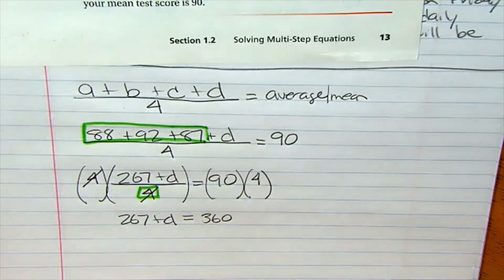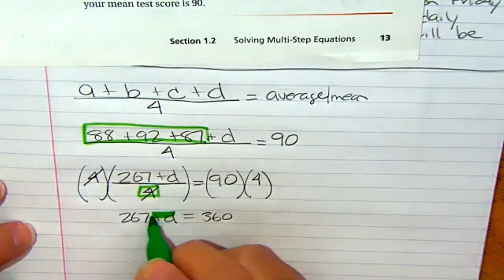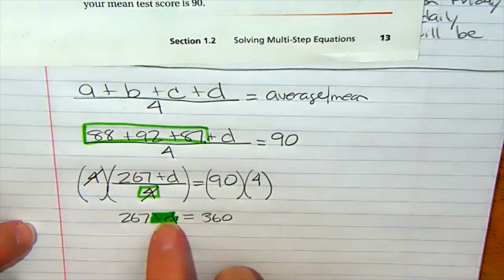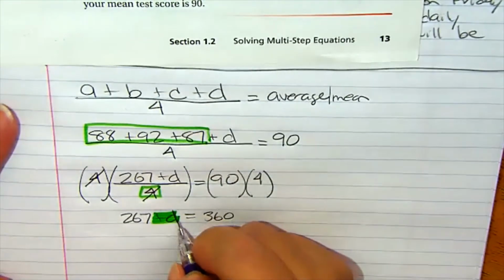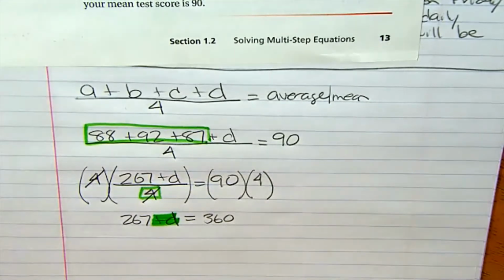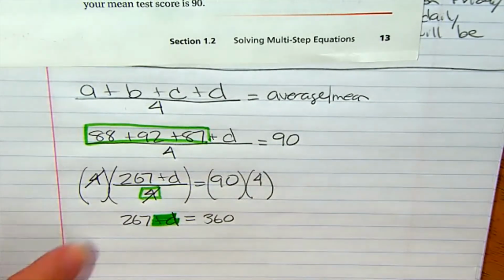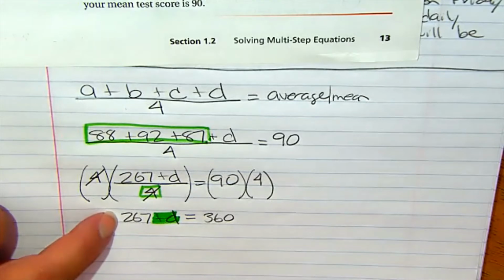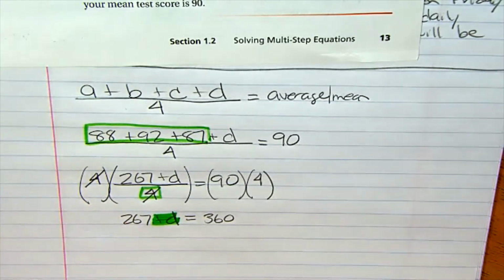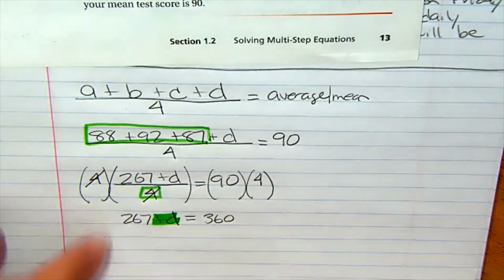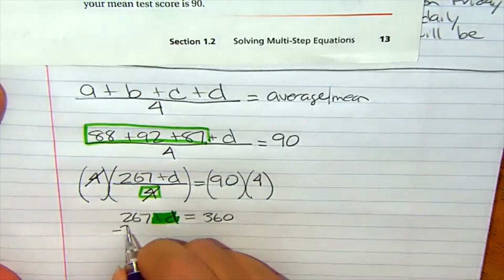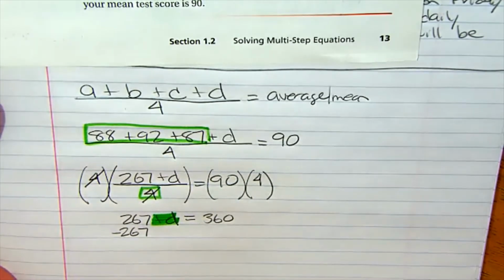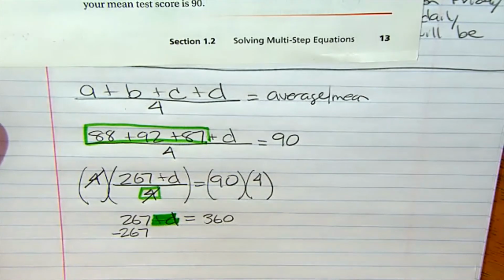Now this should look like a problem we did last week. We need to isolate this variable. So I need to get rid of or undo this positive 267. So to undo positive 267, I'm going to subtract 267.